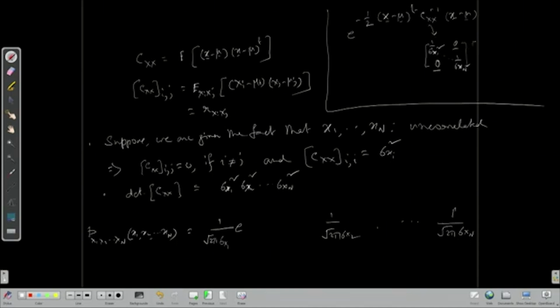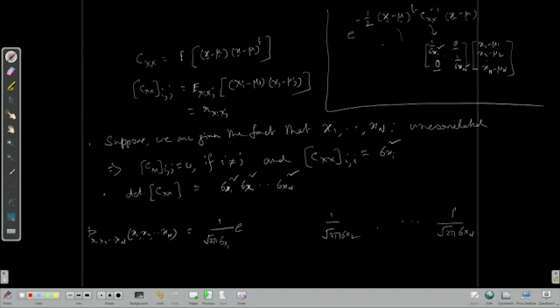And then you have x1 minus mu1 as the top entry, then x2 minus mu2, up to xn minus mu n, and of course the row vector on the left. When you multiply the row vector with the diagonal matrix, you get a row vector, same but scaled. This first entry is multiplied by 1 by sigma x1 square, the next by 1 by sigma x2 square, like that.